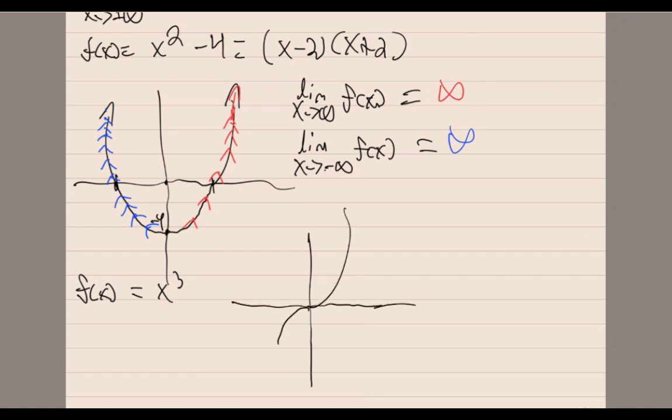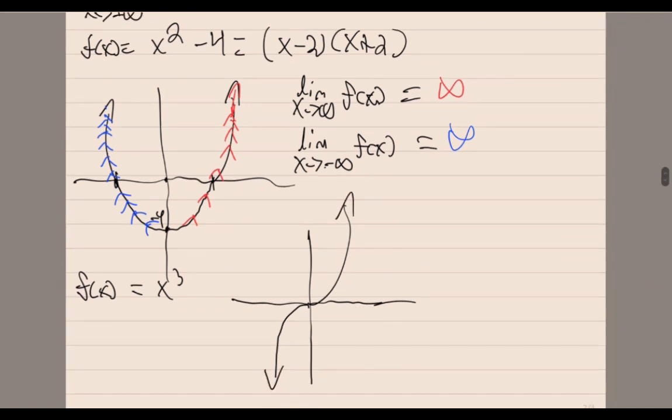Somebody asks you, what's the limit as x goes to infinity of f of x? We can say that this also has to be infinity, because as we trend upwards along this pink line of arrows, up and up forever and ever, we get to infinity eventually.